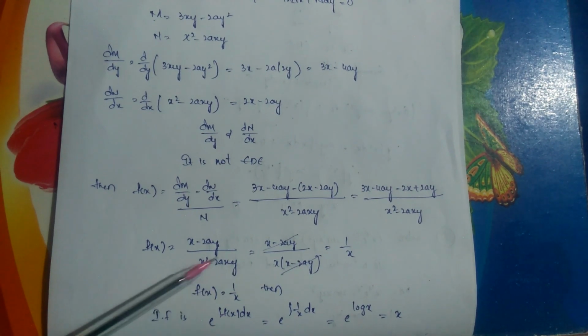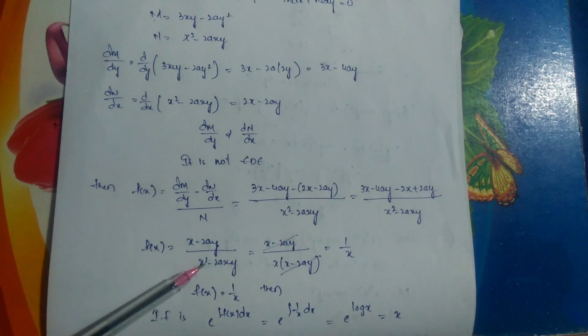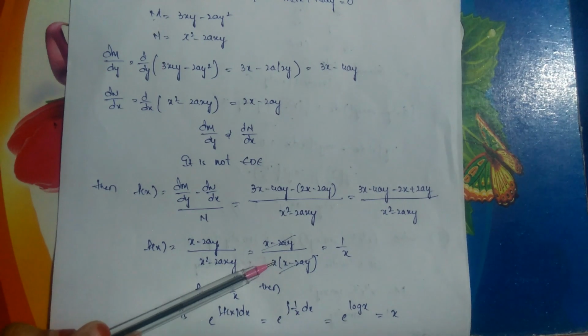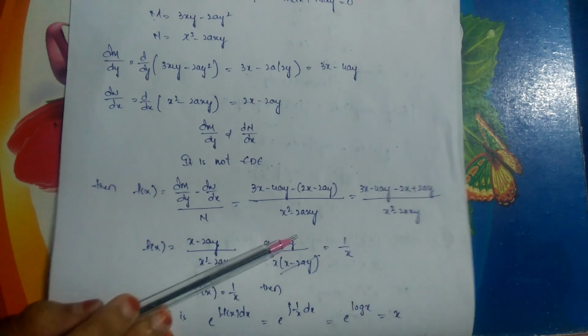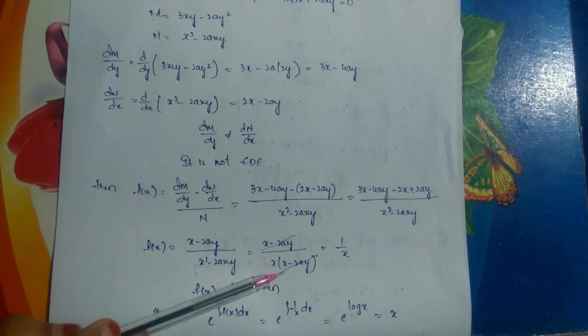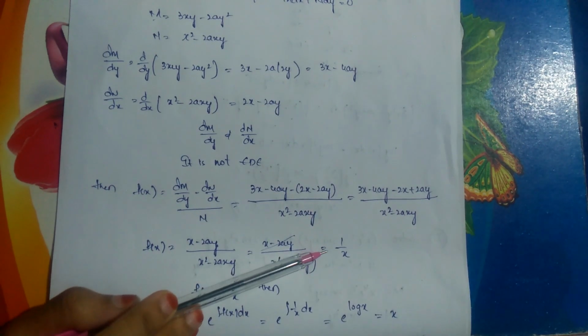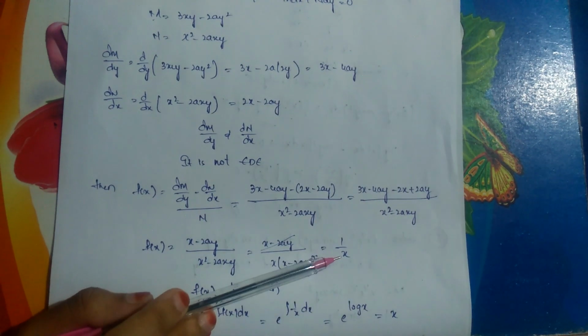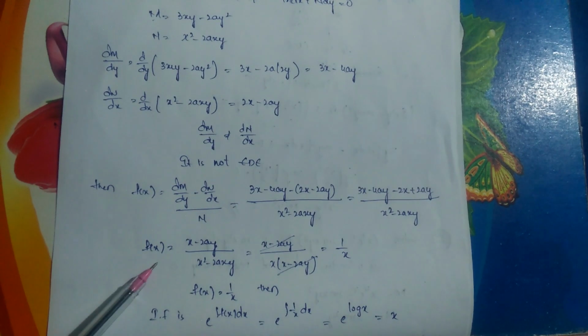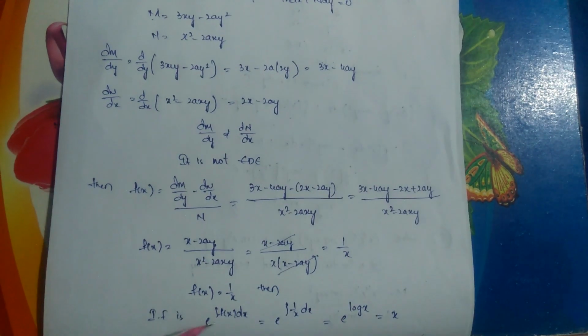So here in the denominator we can take x common. If you take x common, it becomes x(x - 2ay). So the numerator term and the denominator term get cancelled. Then finally the leftover is 1/x. So f(x) = 1/x.